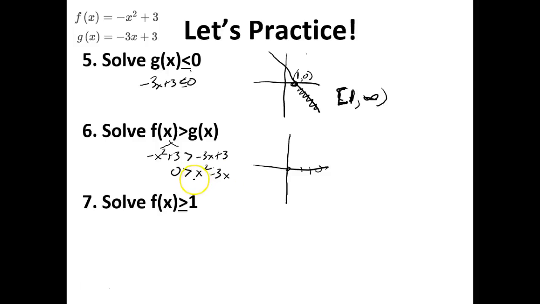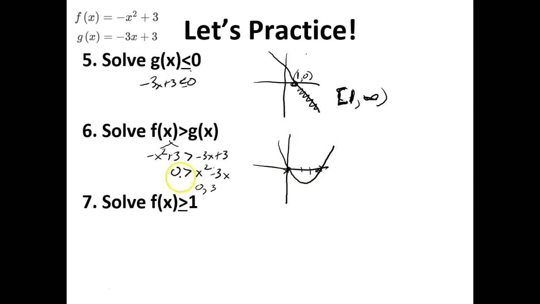When I look at this, this is a parabola. The two intercepts, we already found them from before, are at 0 and 3. That's where this graph is going to cross 0. It's a parabola that's facing up.